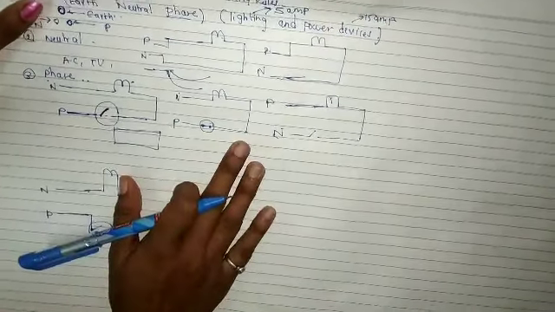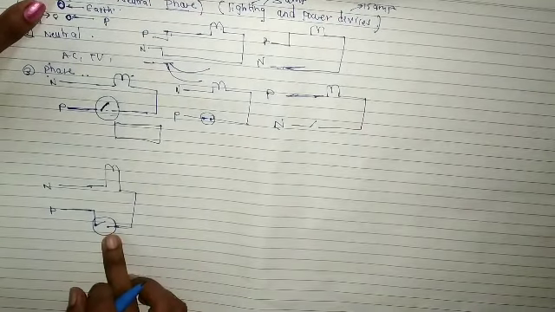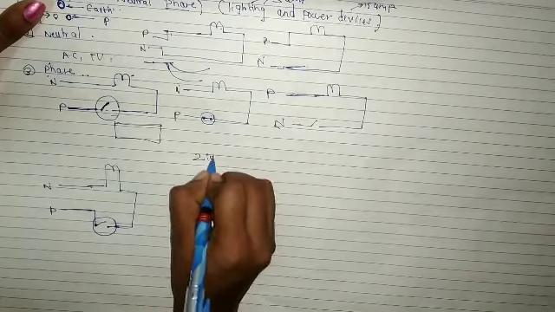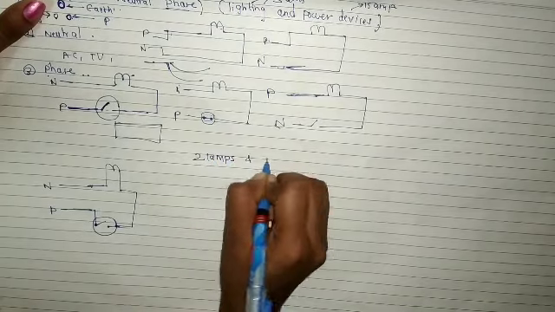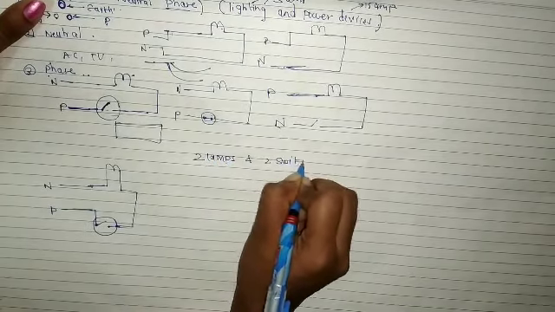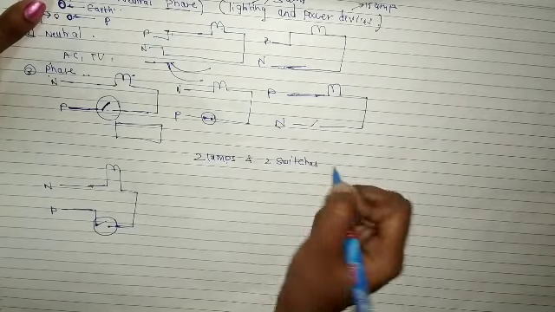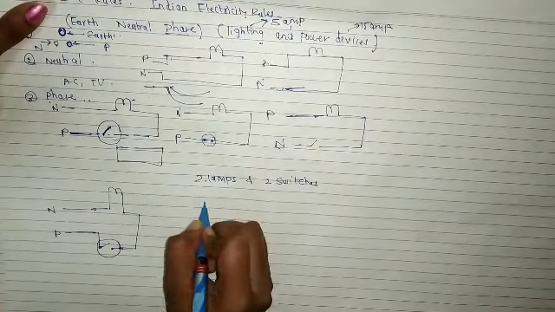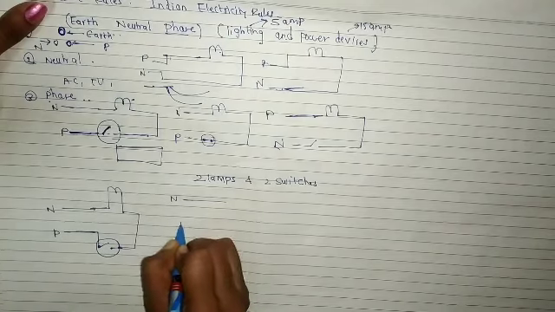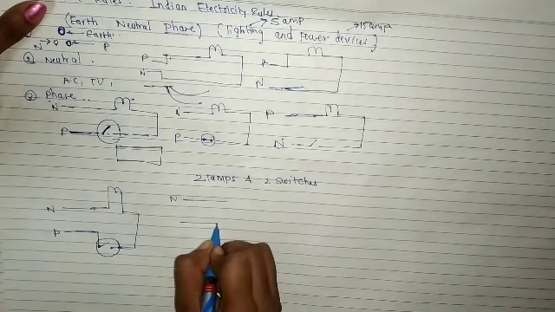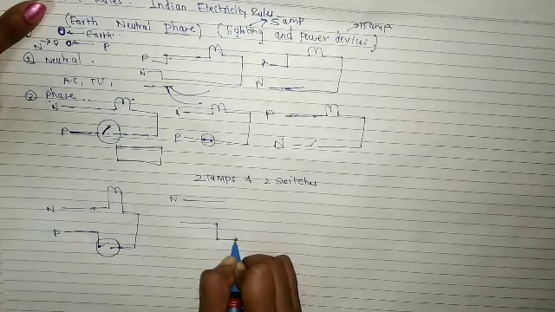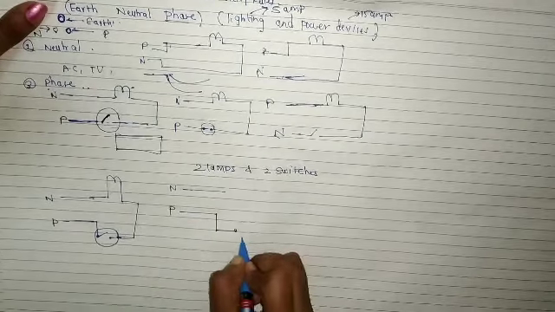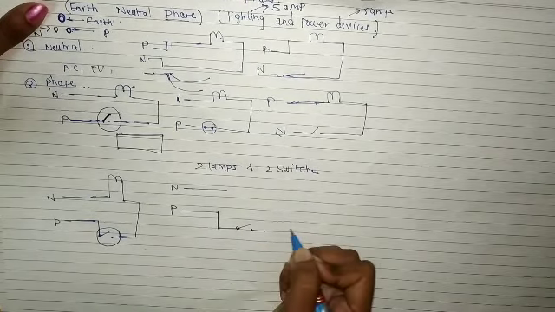Now similarly, this is one lamp and one switch. Now for two lamps and two switches, how will the diagram be? First, this is neutral, this is phase. Phase has to be always given to the switch. So this is the switch.